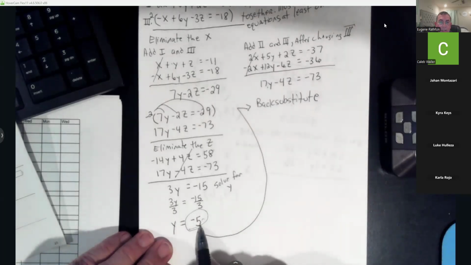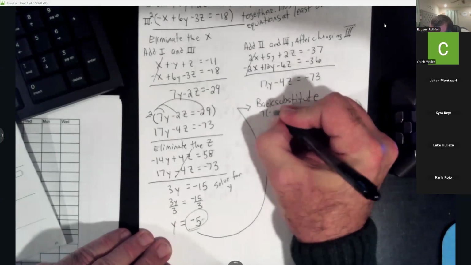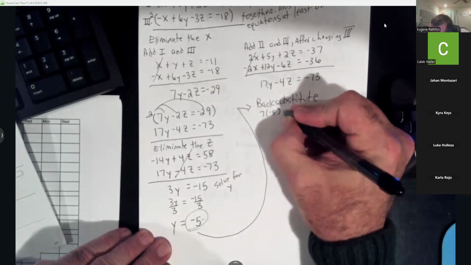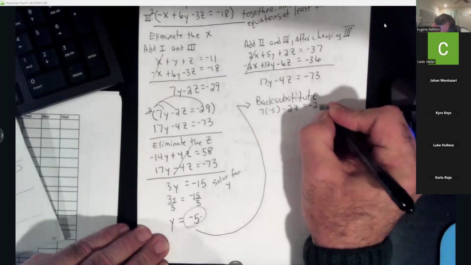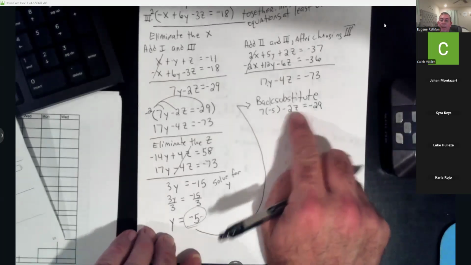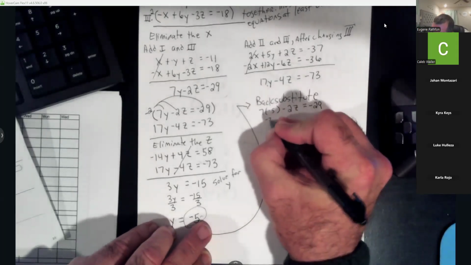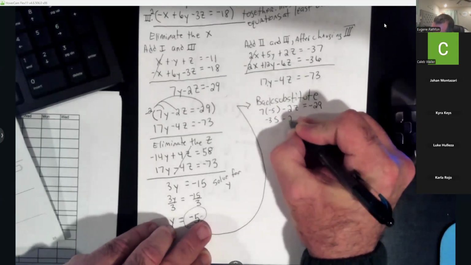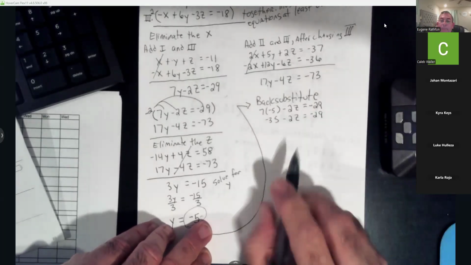Now I know what y is, so I got 7 times negative 5 minus 2z is going to equal a negative 29. So let's solve this. 7 times negative 5 will be negative 35 minus 2z equals negative 29.